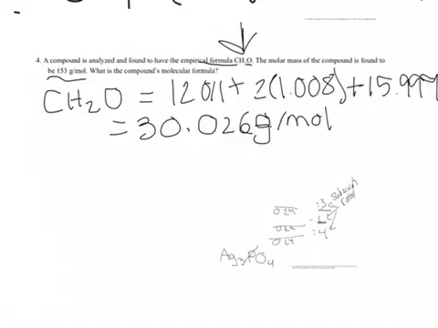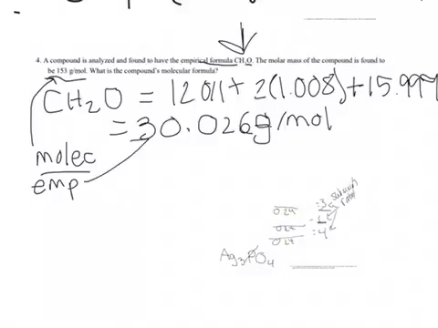Next, what we have to do is molecular formula mass divided by empirical formula mass. So 153 divided by 30.026. It must be given to you in the problem, the molecular formula mass.